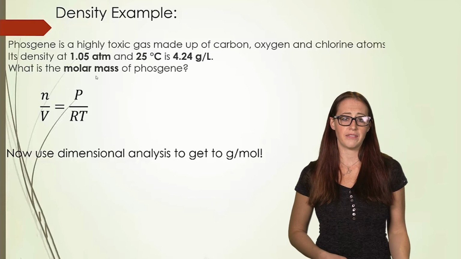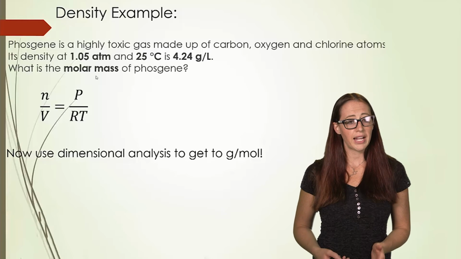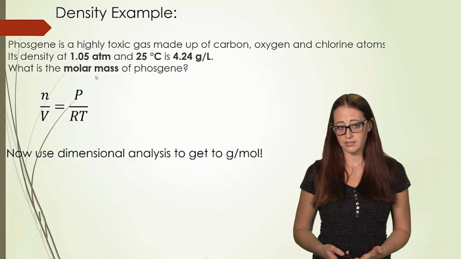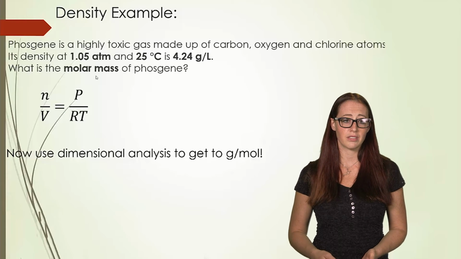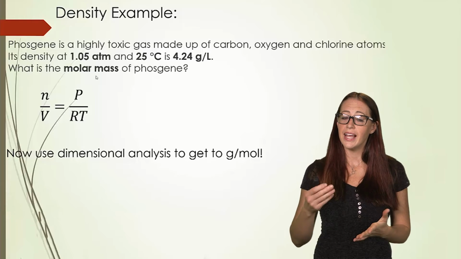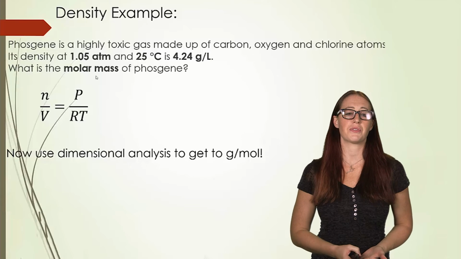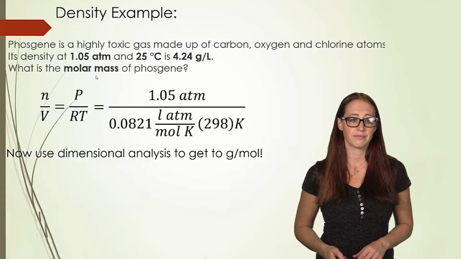Now, if we solve the ideal gas law to get the molar density, we would have both our molar density, moles per liter, and our density, grams per liter. So we have grams and we have moles, and we have liters in both of those. So all we have to do is make sure that they cancel correctly, and we'll have our answer.